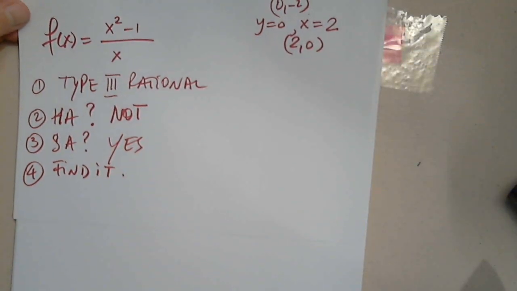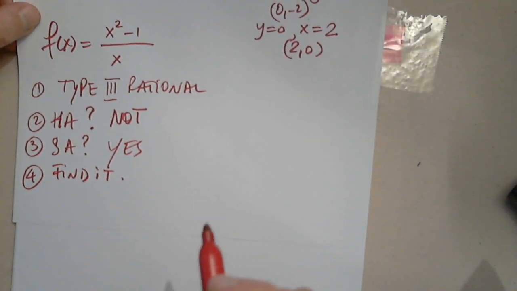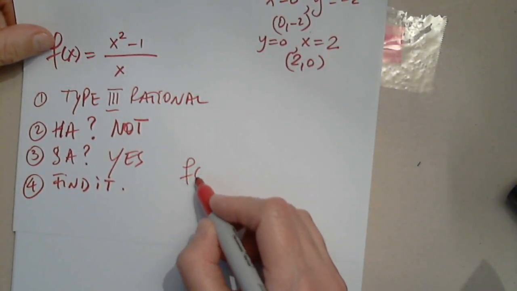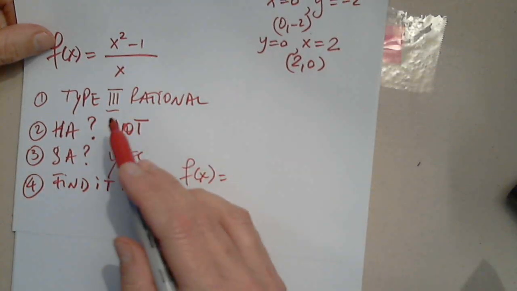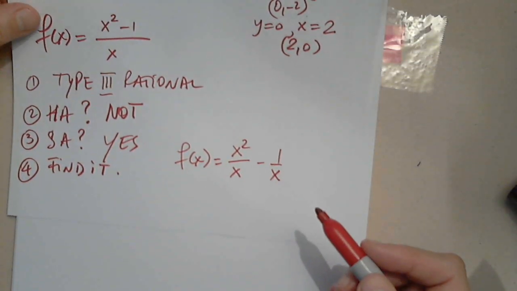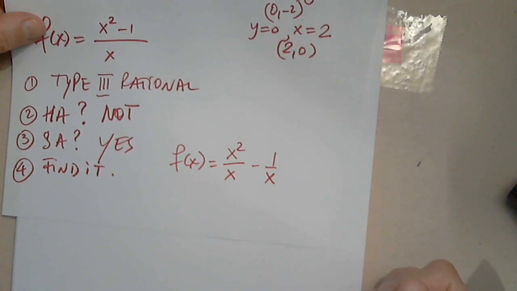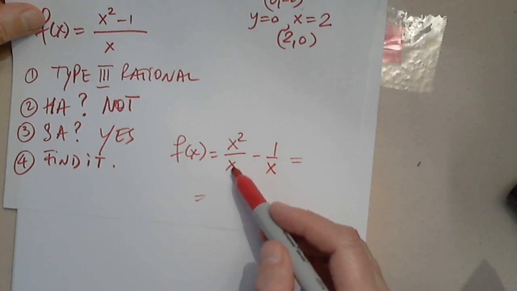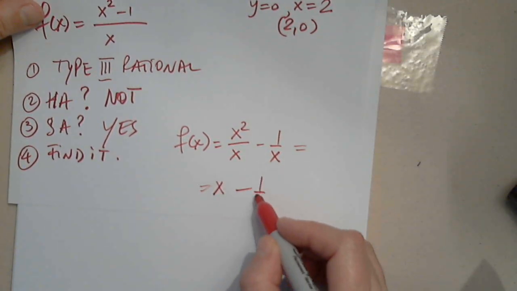So let's find a slant asymptote for this. This is a simple situation. I don't need to use long division. I should only separate the terms in the numerator and create 2 different fractions. Then simplify. X squared over x is just x, minus 1 over x.